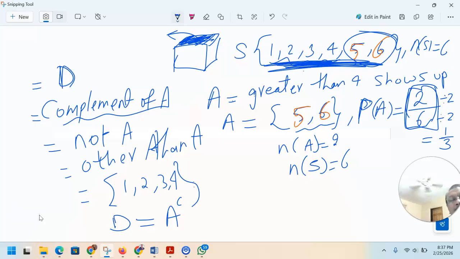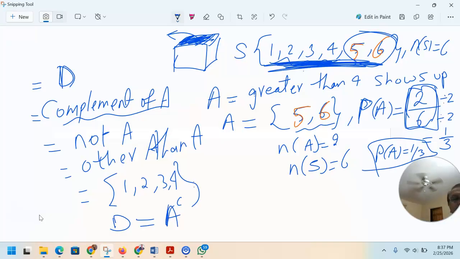What I'm trying to say is, the probability of A here is 1/3. And let's see what was the probability of A complement, which I wrote with a new letter D. It means the outcome that shows up is other than 5 and 6.